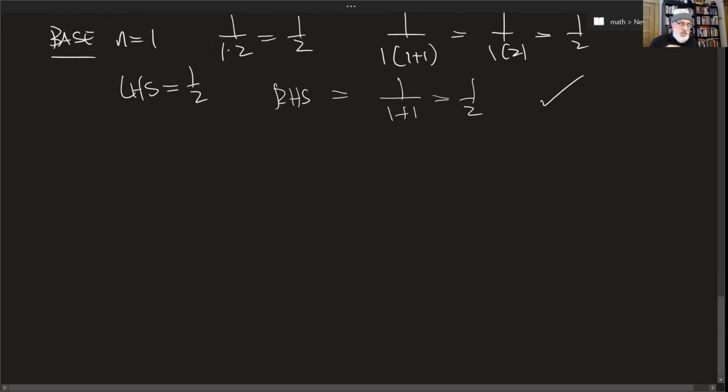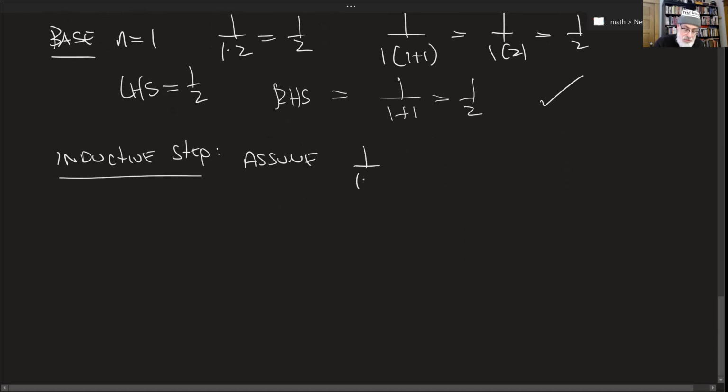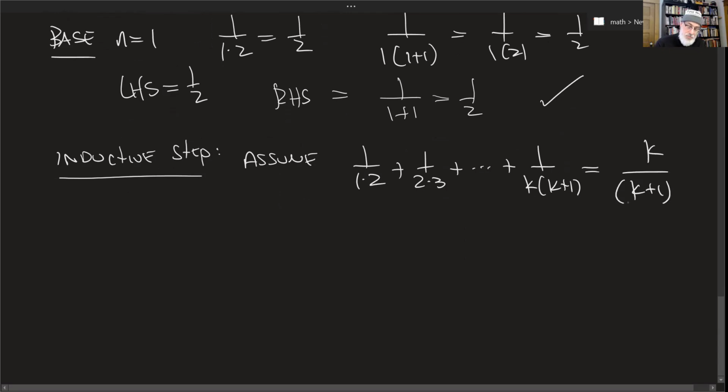Now for the induction step, the inductive step, we're going to assume an induction hypothesis. We're going to assume that our formula is true for all values of k greater than or equal to 1.